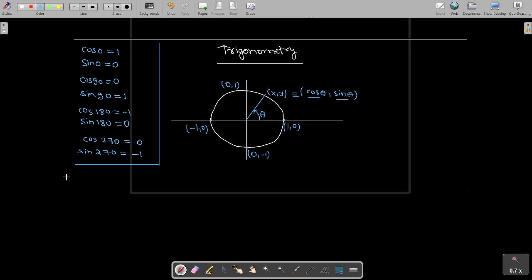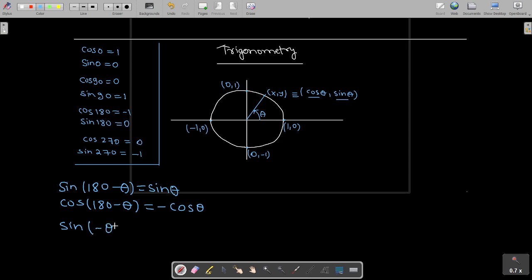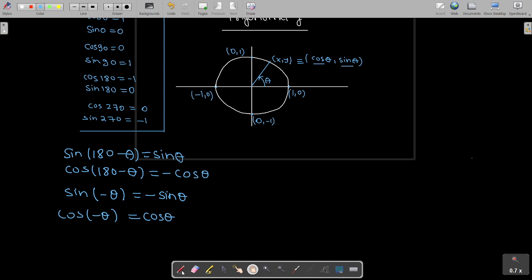There are also more important properties that you should have in mind. I think I have made you write these. I'm writing it again. So have these properties in your mind.